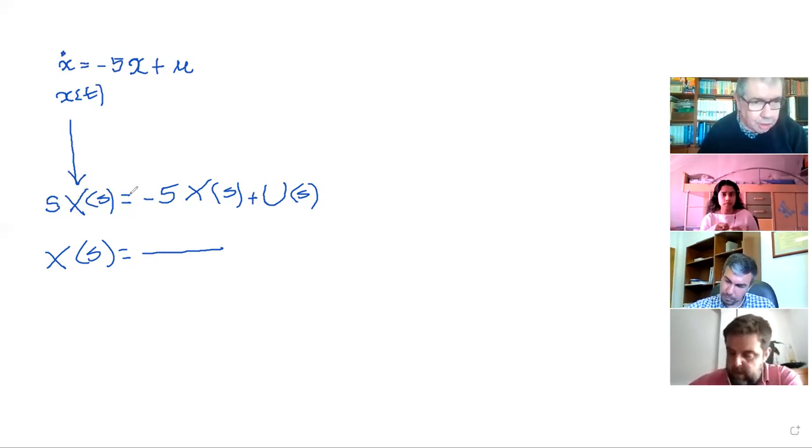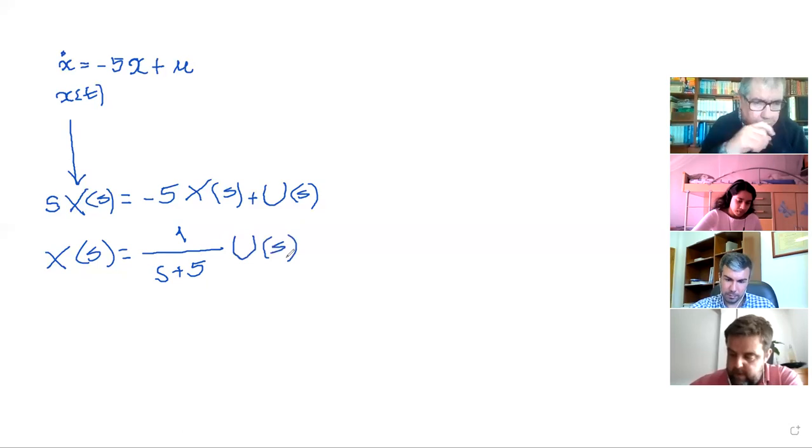The solution of this equation for x in terms of u is 1 divided by s plus 5, times u of s.